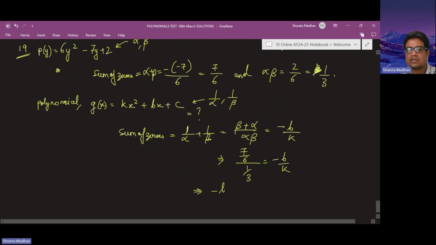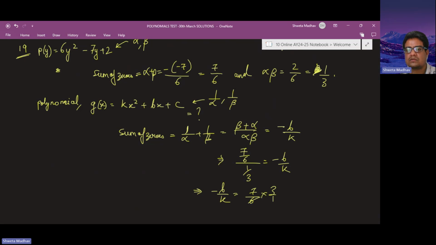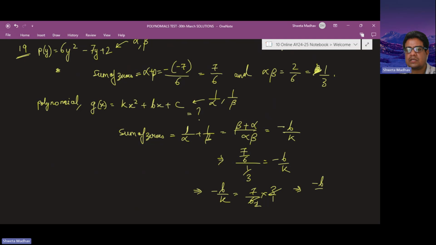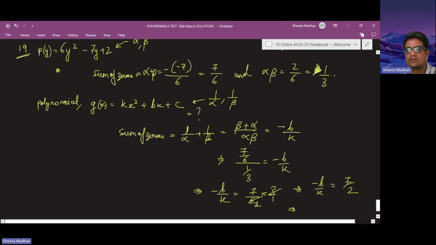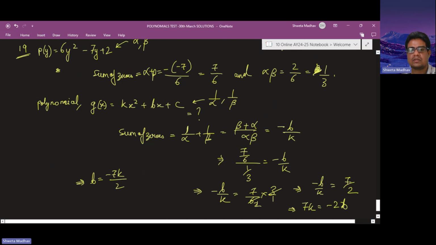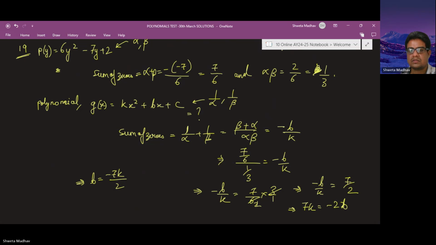So from here minus b by k is 7 by 6 into 3 by 1, which is 3 to 6. So therefore minus b by k is equal to 7 by 2. So therefore 7k is equal to minus 2b, or b is equal to minus 7k by 2.